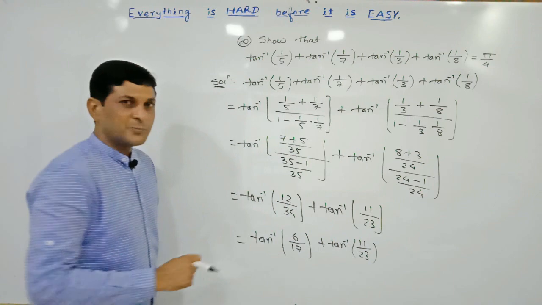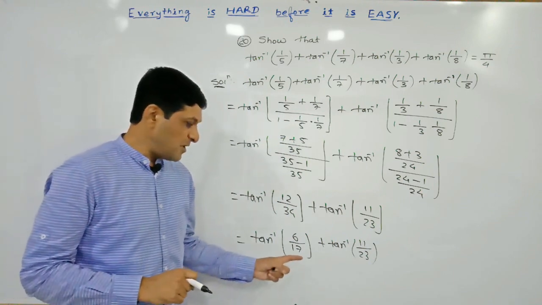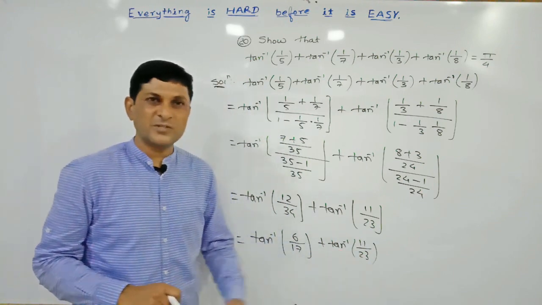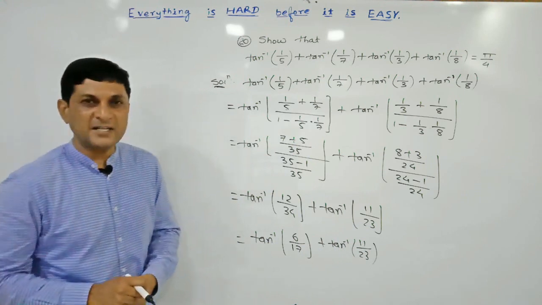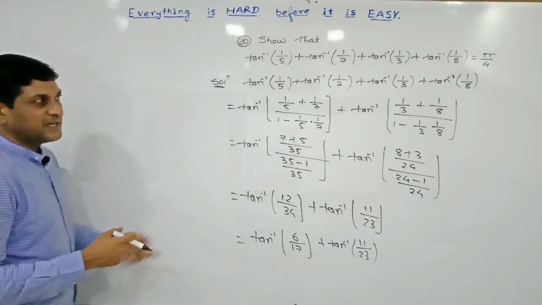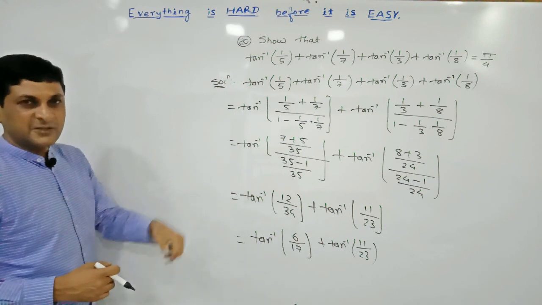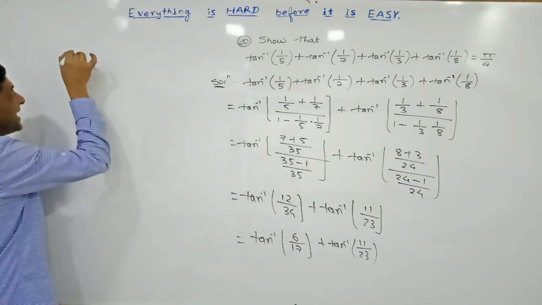Now we can observe that these terms are in the form of tan inverse of x plus tan inverse of y. And what is the property? Again apply the same property: tan inverse of (x plus y) upon (1 minus xy).